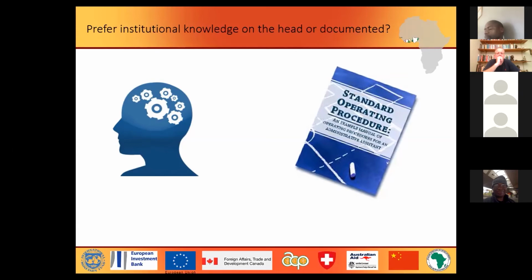Now, to solve that problem, we've said we want consistency in our operations. So we reduce our procedures into documents, into processes, and then we encourage all our officers to follow the process so that there's standardization across all our entry points. It doesn't matter which border post you go to, you will get the same service.